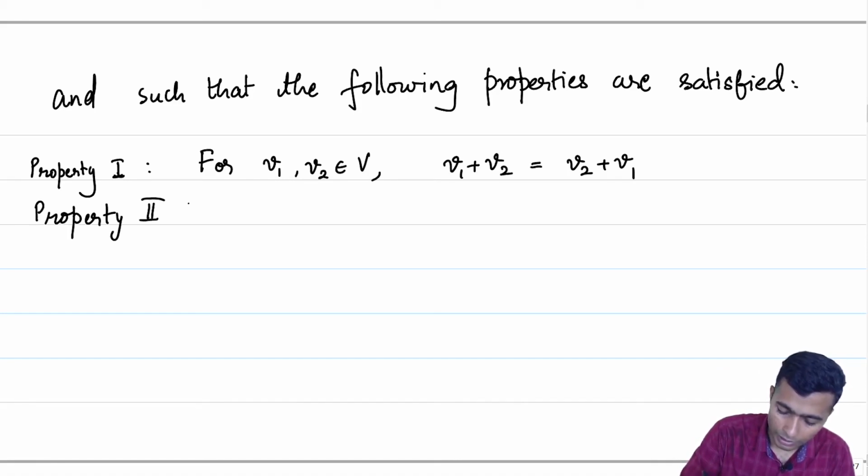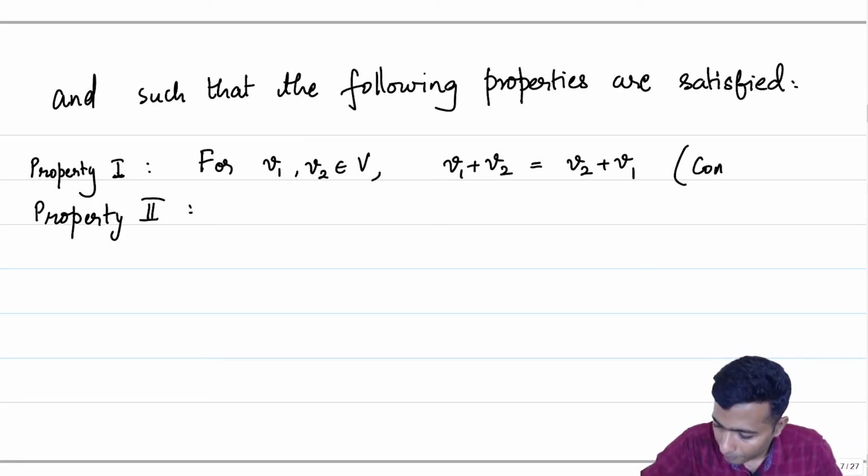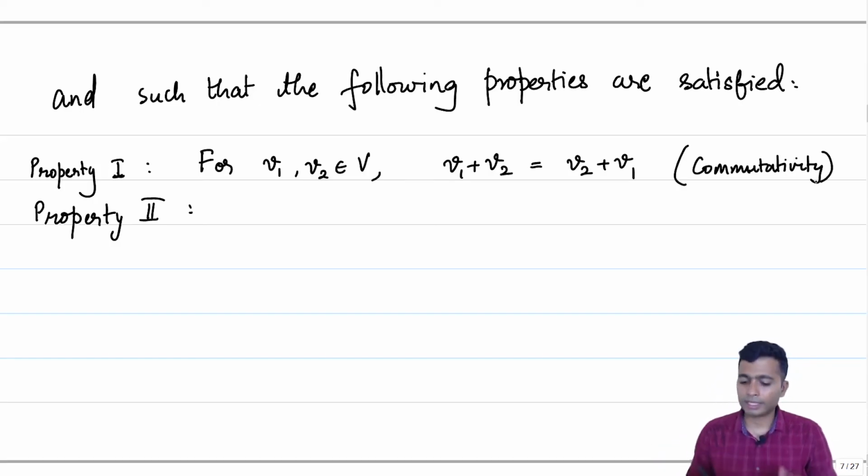This is called commutativity. Next is what is called associativity. If you take three elements V1, V2, V3 in capital V, which one we add first shouldn't matter.